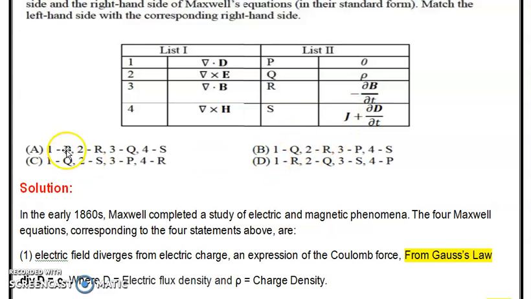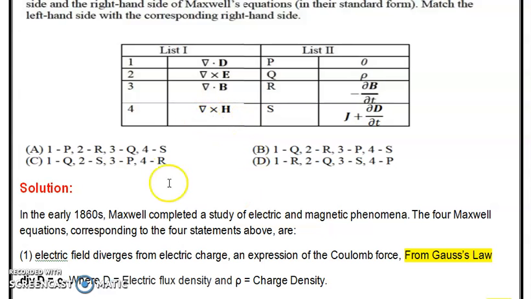So till now we can say that B is the correct answer because it is satisfying the first, second and third. Still the fourth one is pending. Even if we did not know the fourth one, we could blindly put B as the correct answer. But let us see the fourth also.